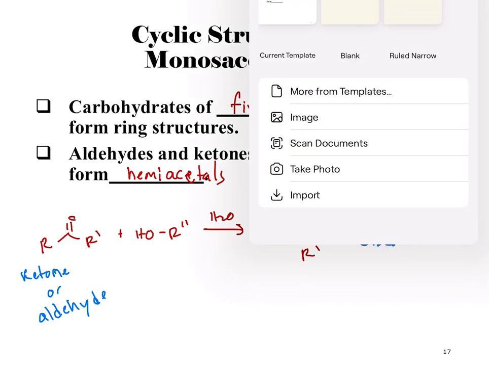And so how we get to a ring structure is, let's say we have a simple 1, 2, 3, 4, CH2OH, H, OH, OH. We have a D, and how many carbons does this have? It should be 1, 2, 3, 4, 5, right?